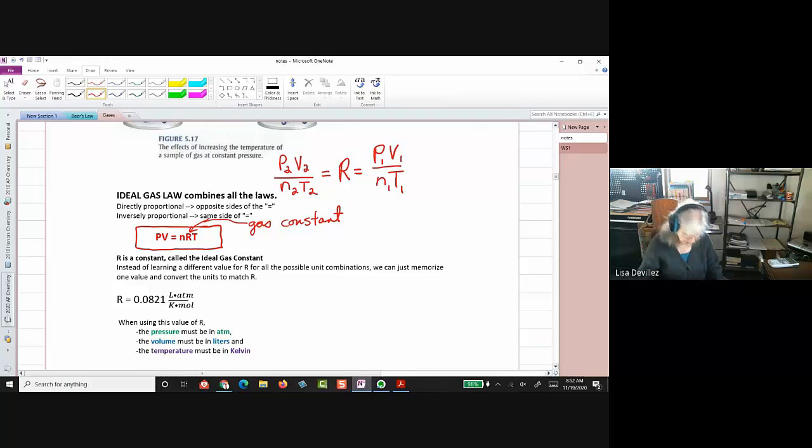And so what that lets me do is have this nice little equation where P1 V1 over N1 T1 is equal to P2 V2 over N2 T2. And so this is combining all of those gas laws.